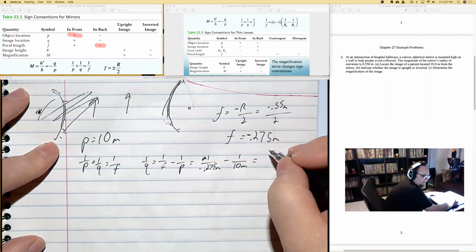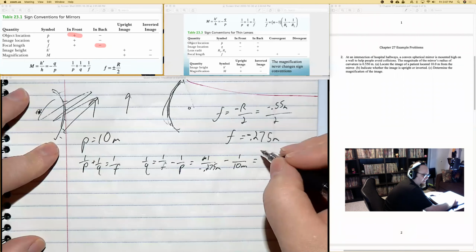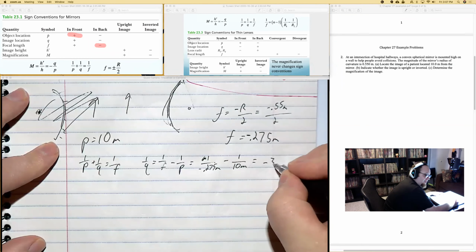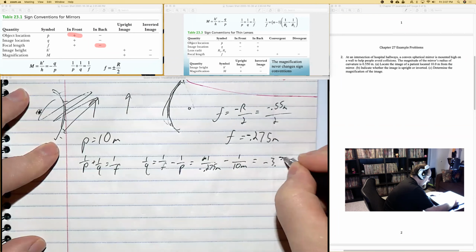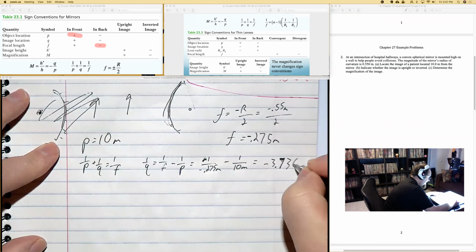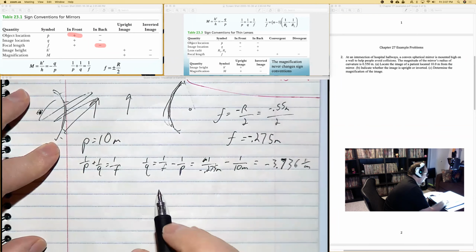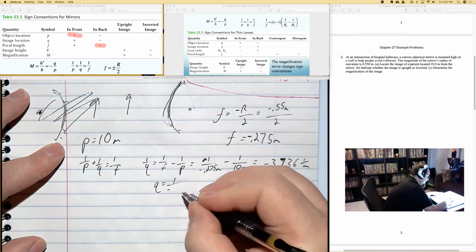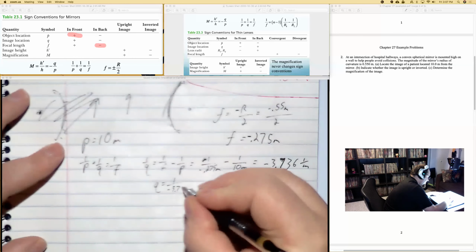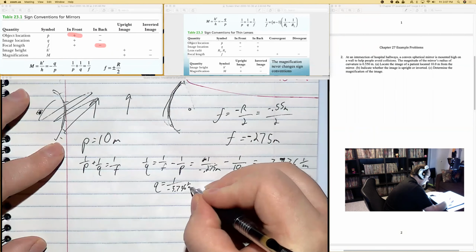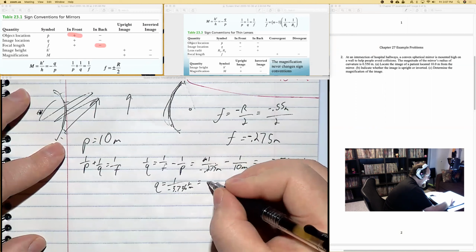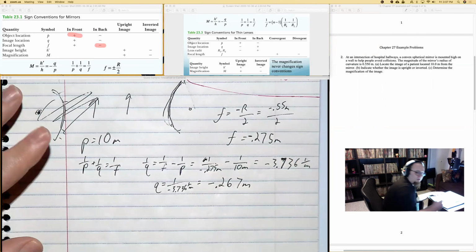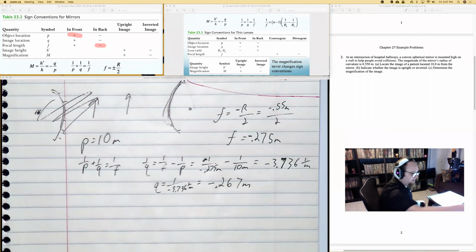And when I do that, I get negative 3.736 inverse meters. But that's not Q, that's 1 over Q. So Q is 1 over negative 3.736, which will give me a value of negative 0.267 meters.